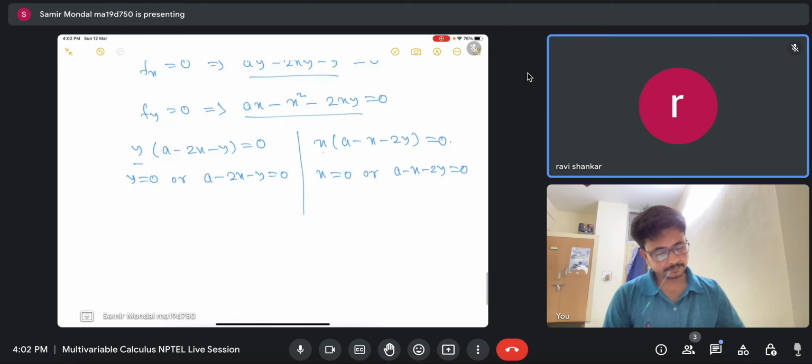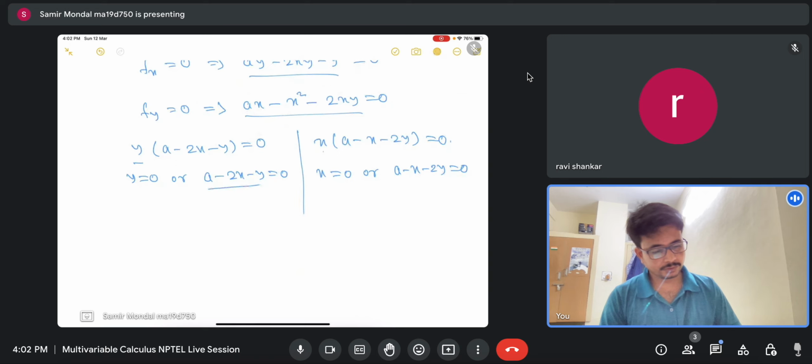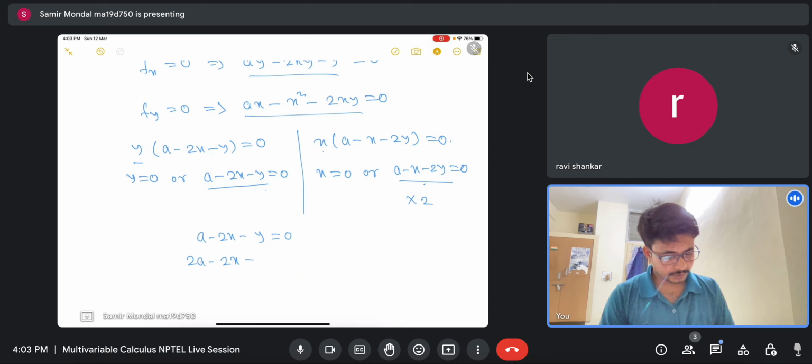So now you have these two equations, try to solve it. Multiply this quantity by 2 and subtract it. So multiplying this one by 2 and subtracting it from this one: a minus 2x minus y equal to 0, and 2a minus 2x minus 4y equal to 0.